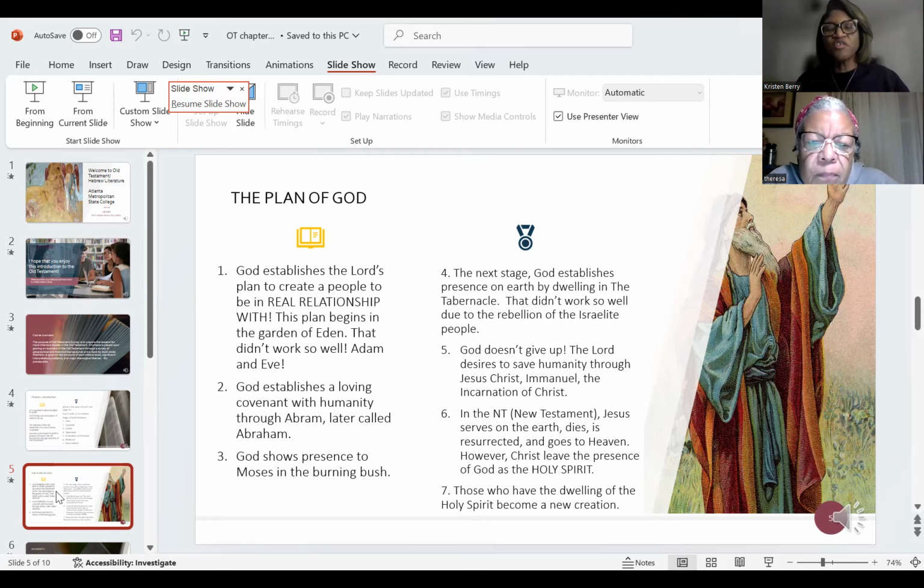And then if you look on 5, I already talked about 5. And if you look at number 6 in the New Testament, I call it NT, Jesus serves on the earth. He dies, he's resurrected, he goes to heaven. Remember, we still talk about the plan of God, but the plan was, I can't leave y'all down here by yourself. What was the plan?